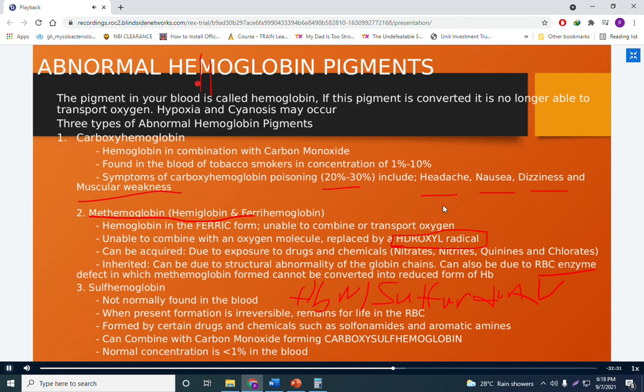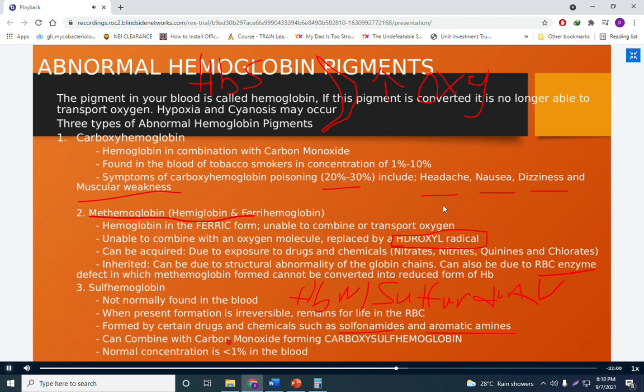Remember earlier with our hemoglobin S, the cell was sickled. When a cell is sickled, you can treat it or reverse it by increasing oxygenation. But in this case, no matter what you do, the presence of sulfhemoglobin is irreversible. It remains for life in the RBC. And this can be formed by certain drugs and chemicals such as sulfonamides and aromatic amines.